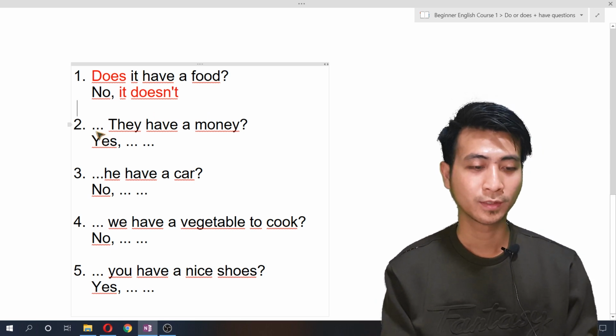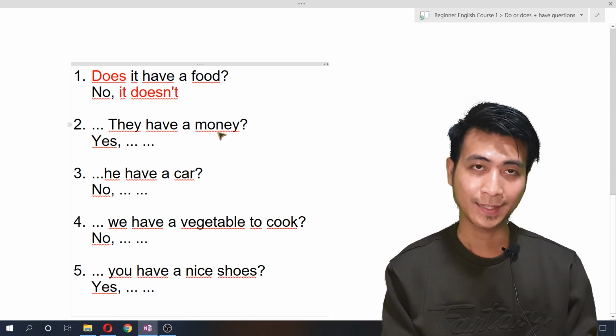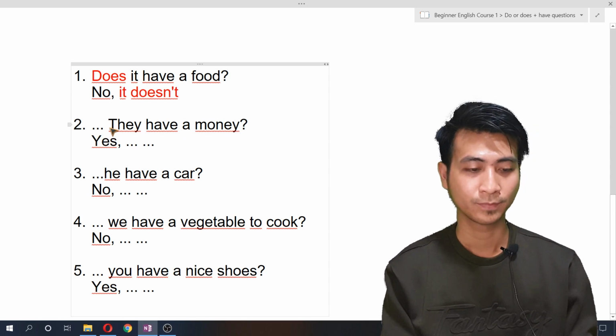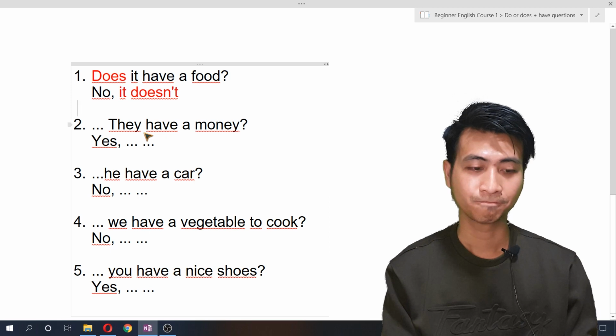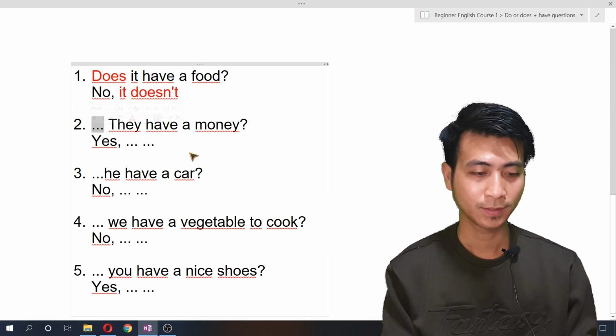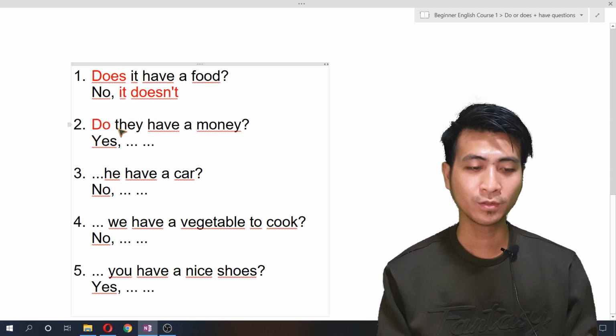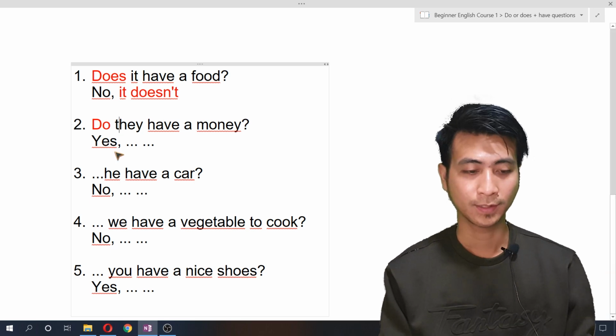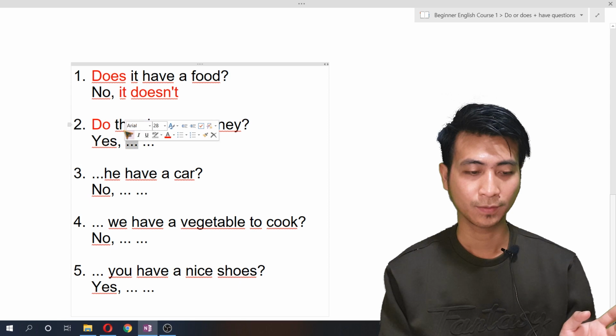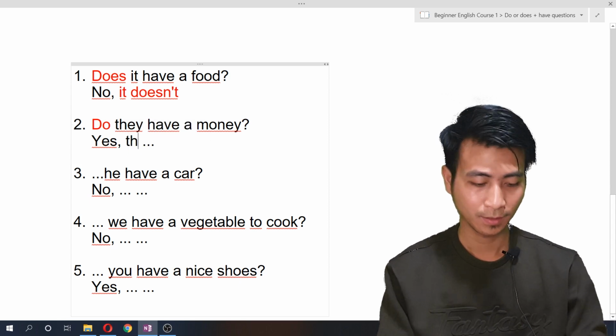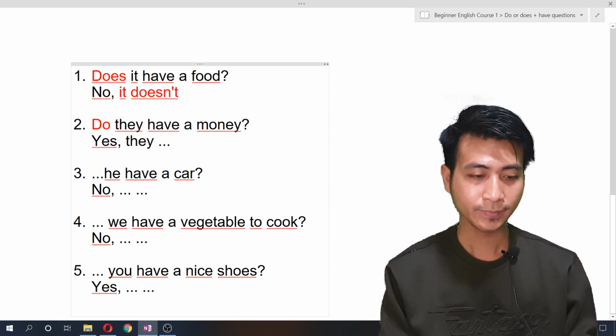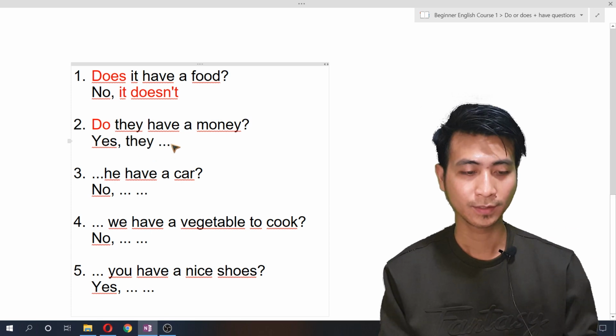Alright, next, number 2, blank, they have a money. Okay, we see the subject is they. You have to remember, you put, do they have a money? And the answer yes. Here match the subject they again.